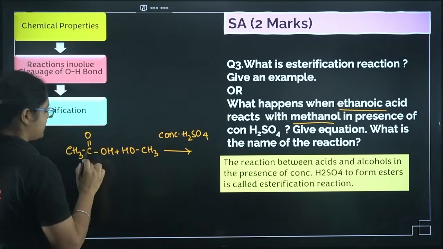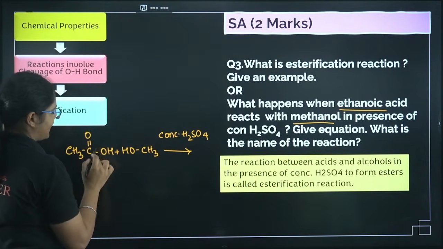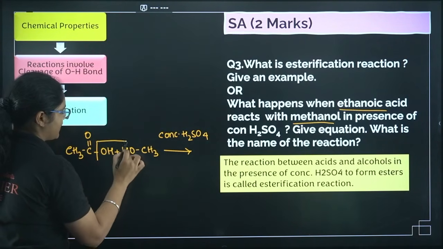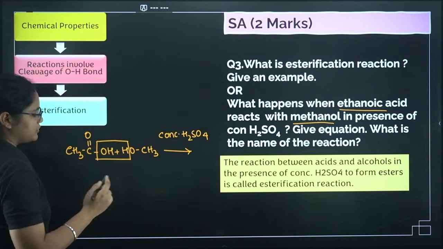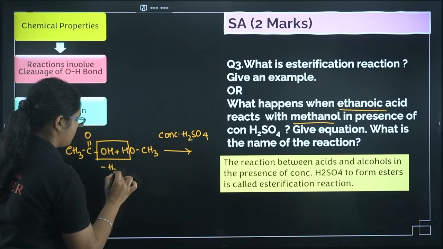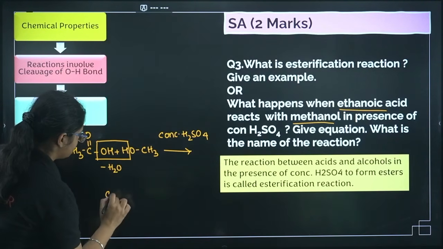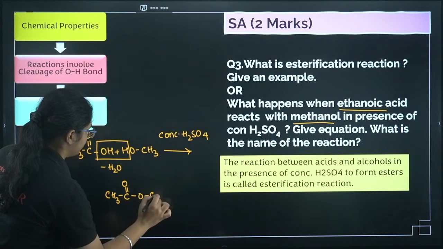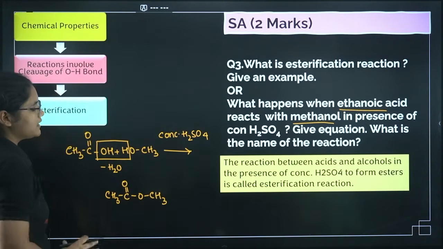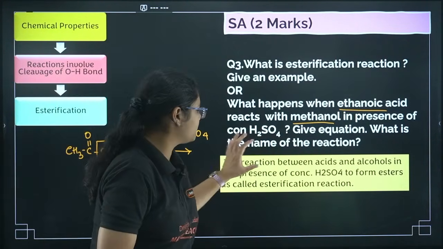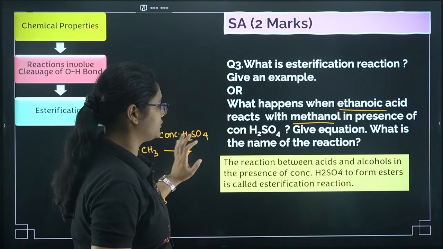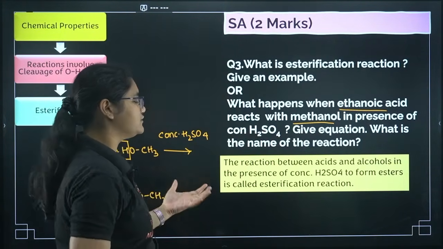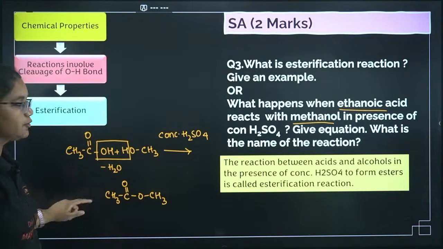Here the OH group from the acid and the H from the alcohol will be removed, so a water molecule is lost, and then you have CH3C double bond O OCH3. This is the ester formed. So the equation and example are given. What is the name of the reaction? That is your esterification reaction.